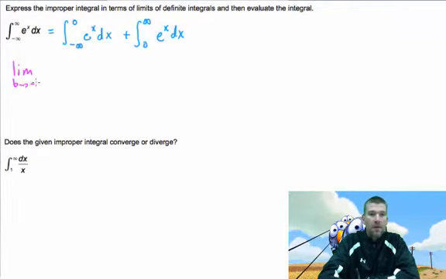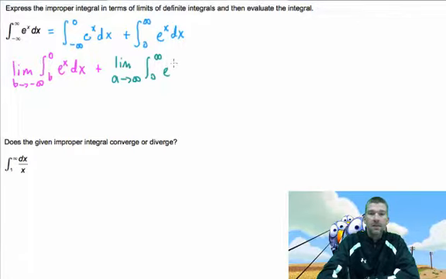I'm going to let b go to negative infinity, and I'm going to look at the integral from b to 0 of e to the x dx, plus the limit as a approaches infinity from 0 to a of e to the x dx. Whoops, that shouldn't be 0 to infinity. That should be 0 to a.